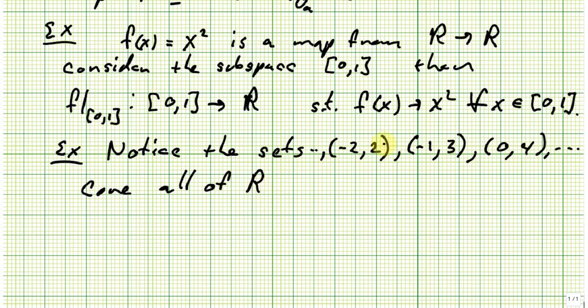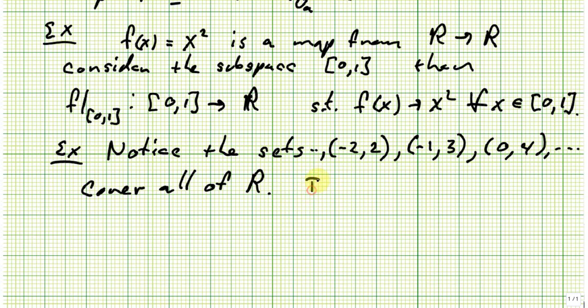An infinite family of sets. They're all open sets 4 units long. And there's one centered at each integer, so they cover the whole space. There's no gaps. Cover all of R.